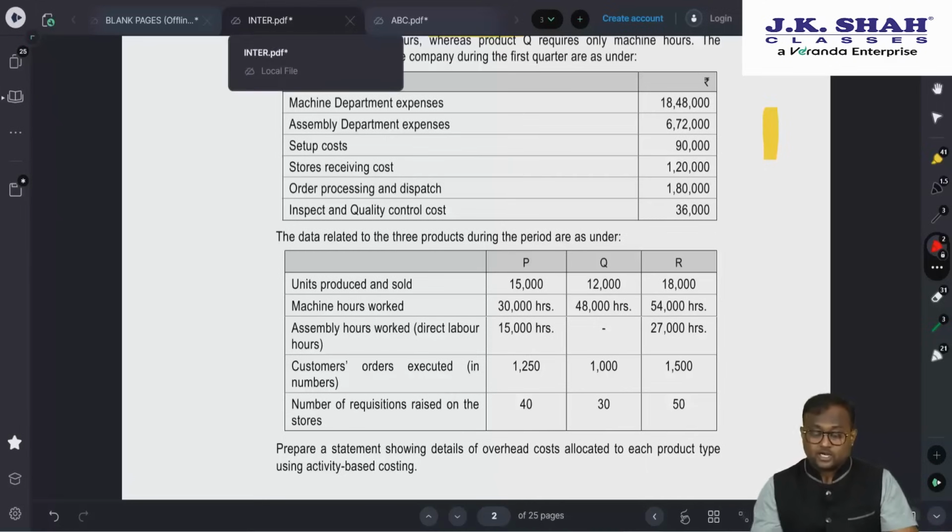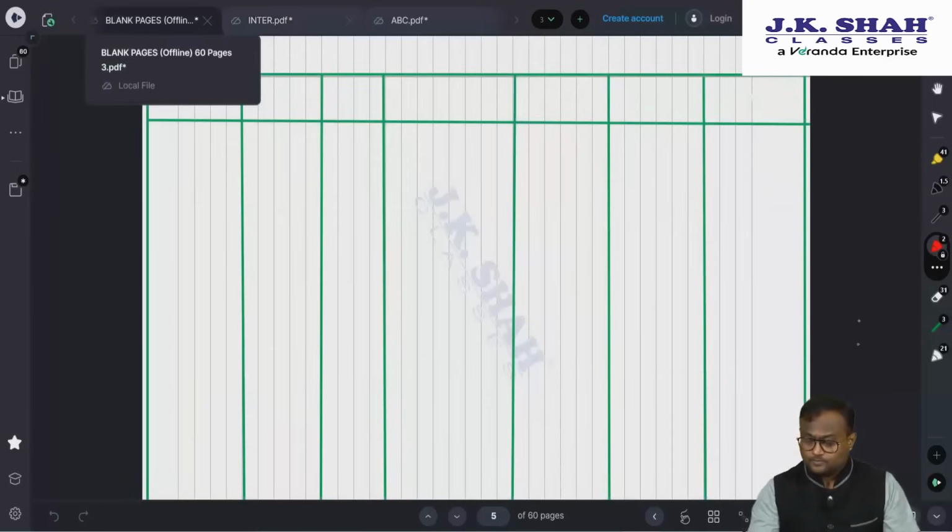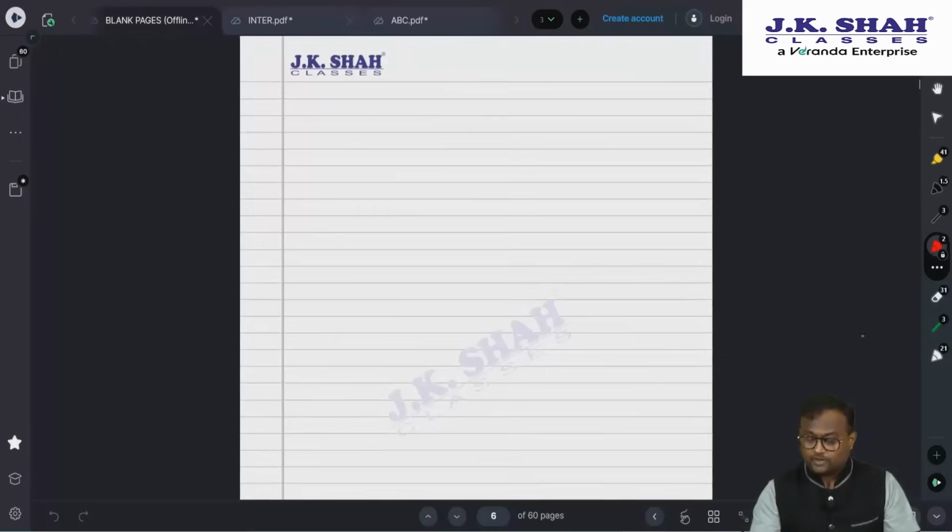Units produced and sold are given to you, guys. So I think we can find out the number of batches.